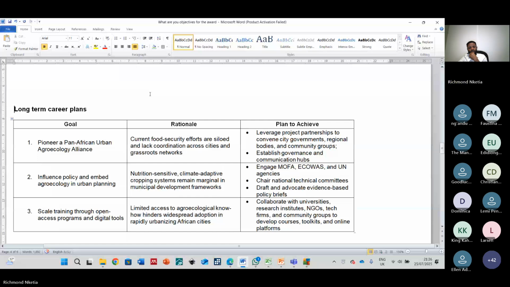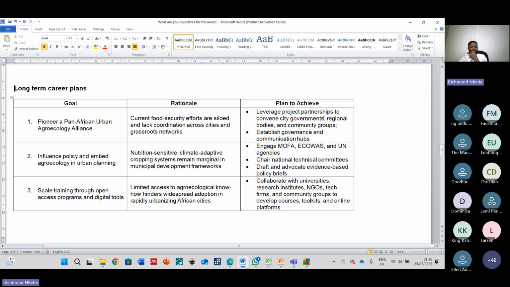So the goal, I broke them down into three: goal, rationale, and plan to achieve that. So in the long term, I plan to pioneer a Pan-African Urban Agroecology Alliance. And I also look forward to be somebody who works to influence policy and embed agroecology in urban planning, and also scale training through open access programs and digital tools.